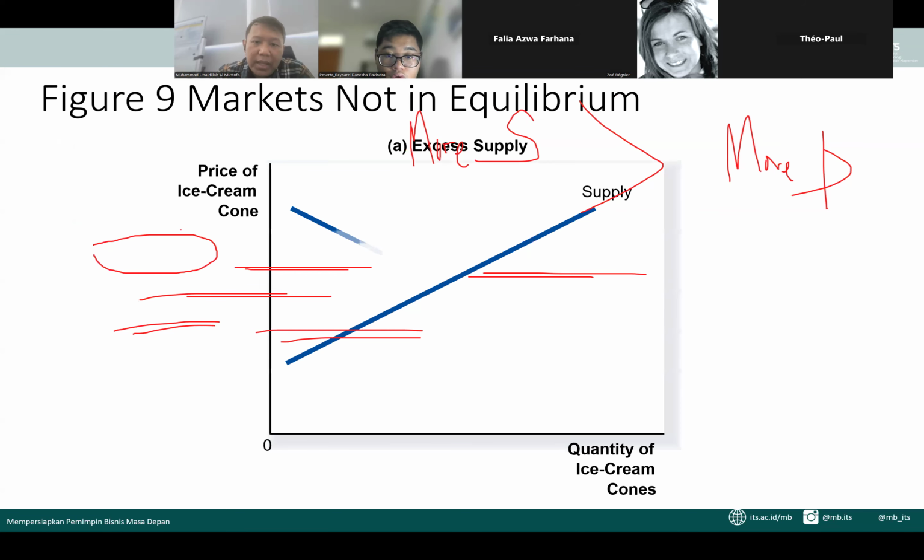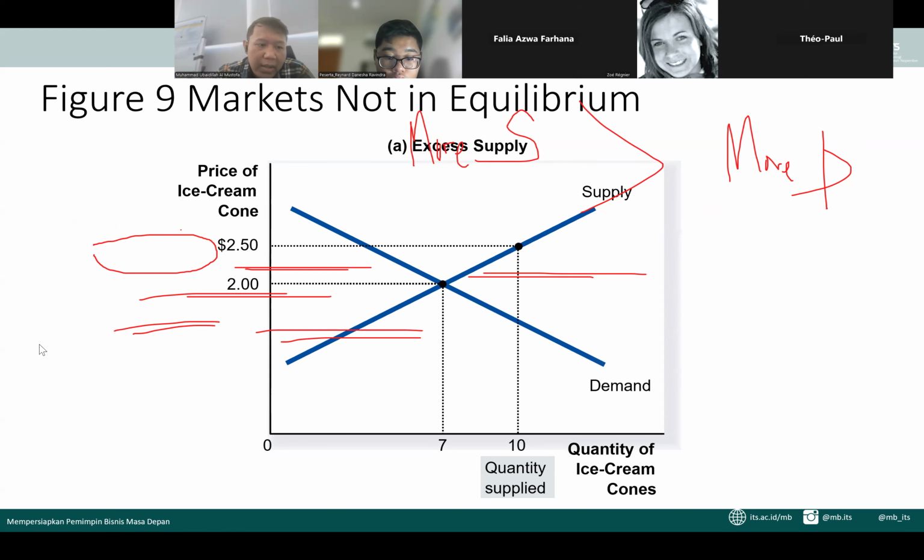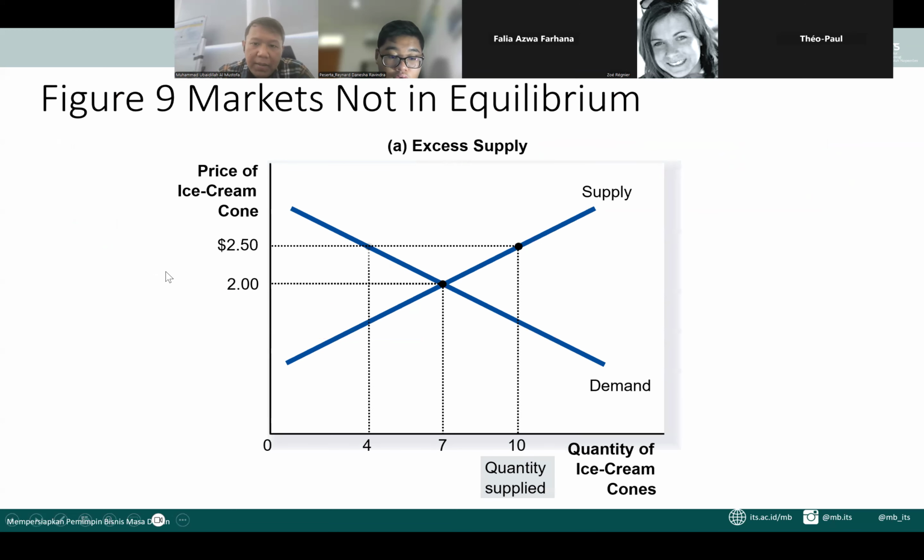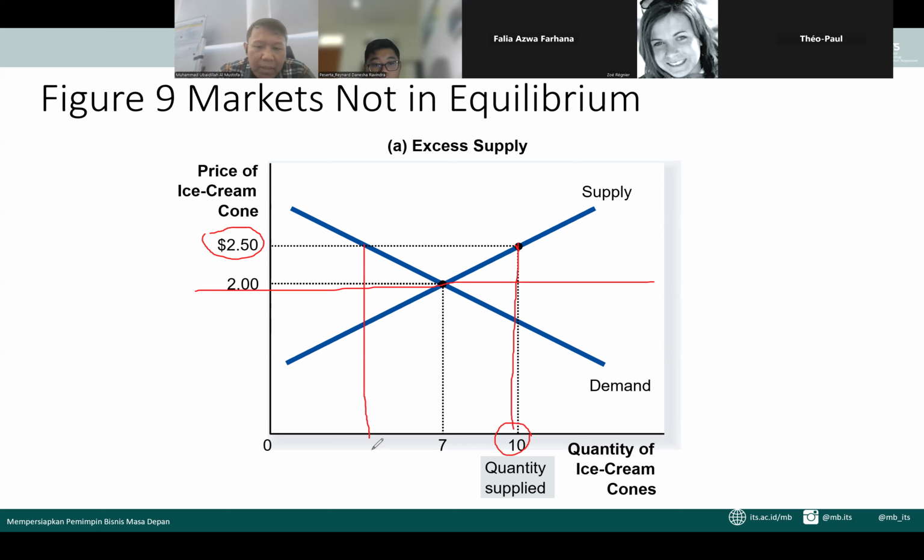So let's take an illustration. In equilibrium, you see that the equilibrium price is $2. But currently, the ice cream is selling for 2.5. When the ice cream is selling for 2.5, the quantity supplied is 10, which is more than the quantity demanded, maybe here it is 4.